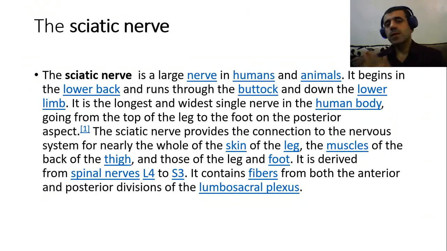So sciatic nerve is a long and wide nerve, contains a lot of nerve roots, anterior and posterior divisions of L4, L5, S1, S2, S3, and supplies most of the skin and most of the muscles of the lower limb.